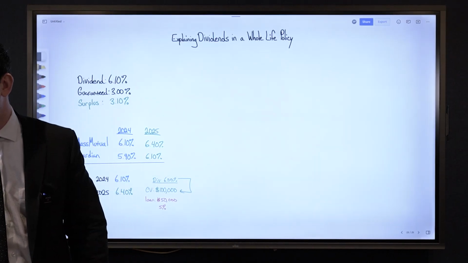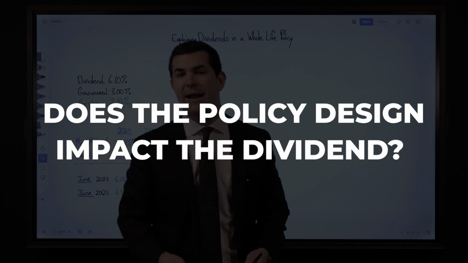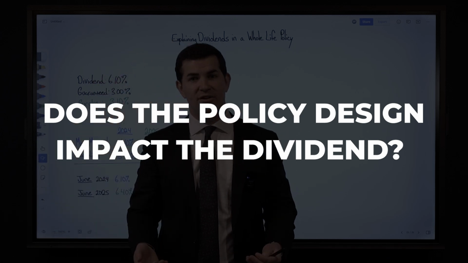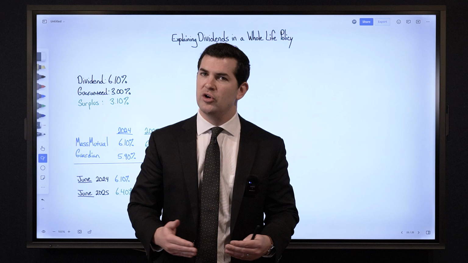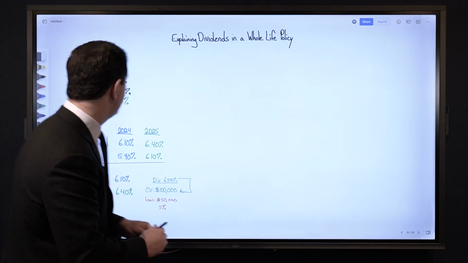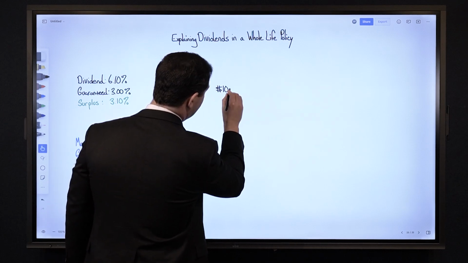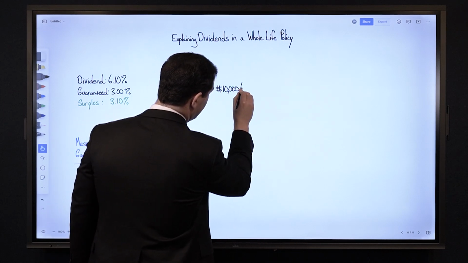Next question is a good one. Does the policy design impact my dividend? The answer is yes. However, we want to be really careful with this. So talking about policy design, I'll start here. Let's pretend you're going to fund a policy with $10,000 per year.